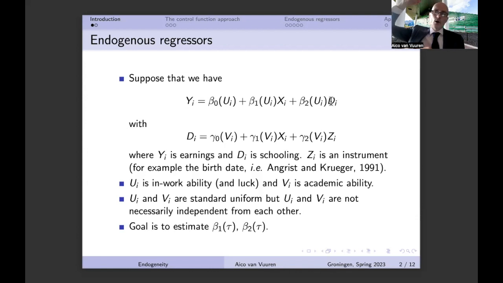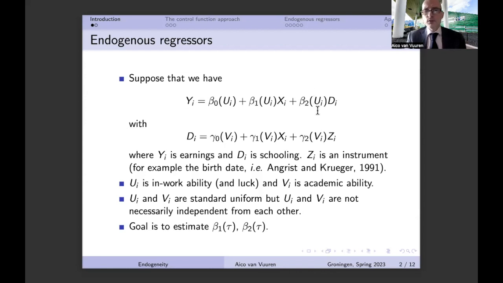I know that then, on average, the individuals with a high level of D are going to have a higher level of U than the individuals that have a low level of D. And that makes it difficult, because at the moment I compare the median of a high level of D with the median of a low level of D, I no longer know whether the increase in the median is due to the increase in D, or whether it's related to the increase in the U that we have over here.